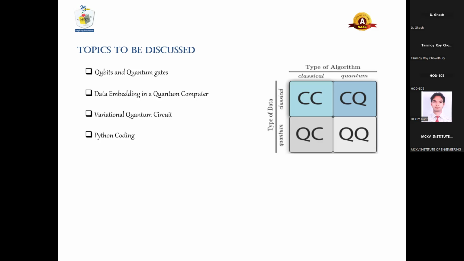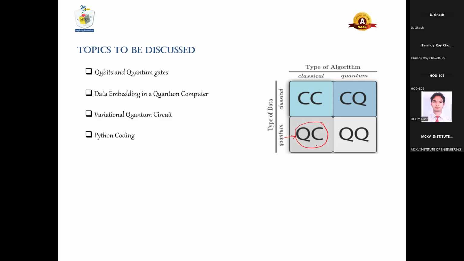Then there can be quantum data and classical algorithms. This I'm not going to talk about. Quantum data means data that is coming from quantum measurements.